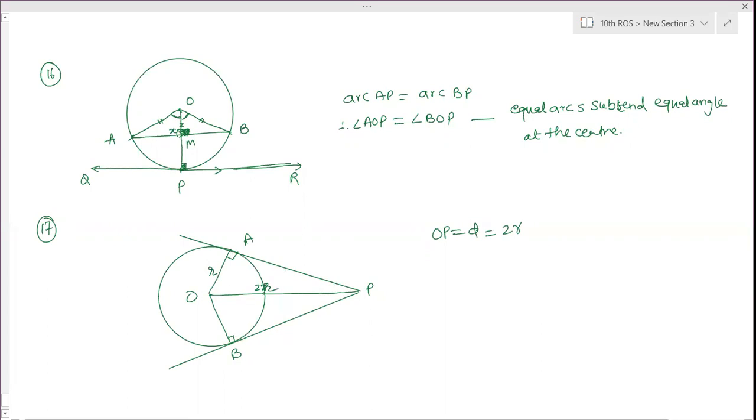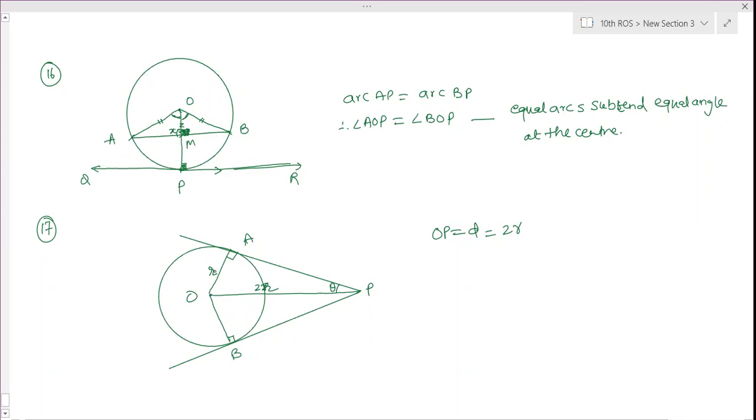Now this is triangle OAP. Consider this angle as theta. For this theta, which side is OA, opposite or adjacent? Opposite. And OP is the hypotenuse.